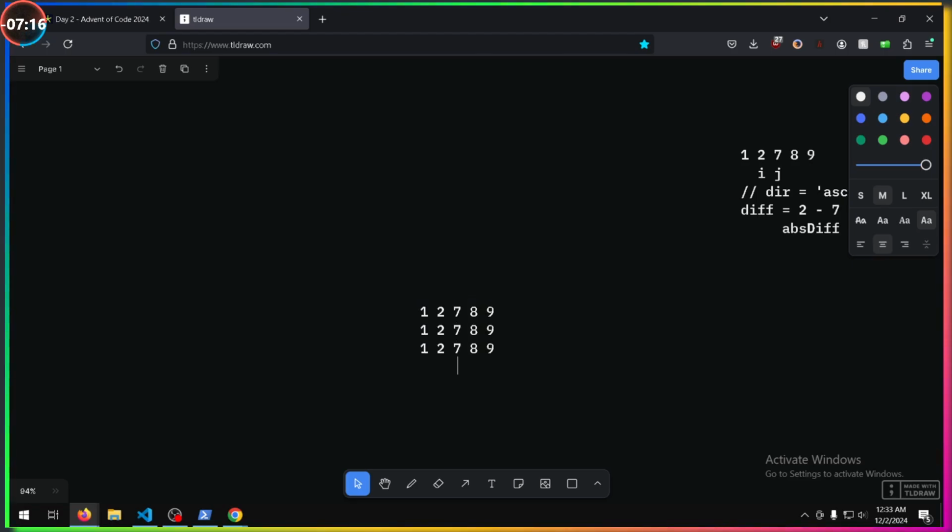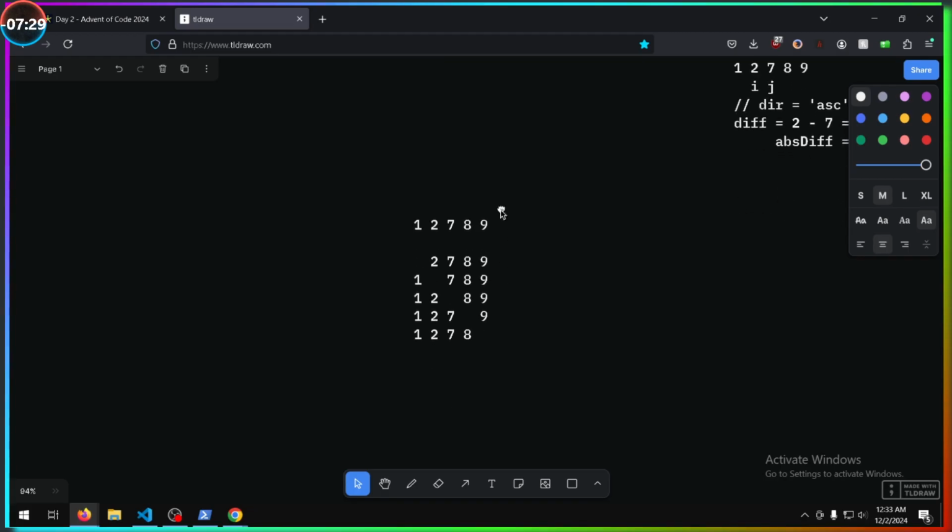So I think I've made enough. So we would try without the 1, without the 2, without the 7, without the 8, and without the 9. So we would try all of these and we would say, hey, can this report be safe, using the exact same calculation from before. Can this report, can this report, can this report.